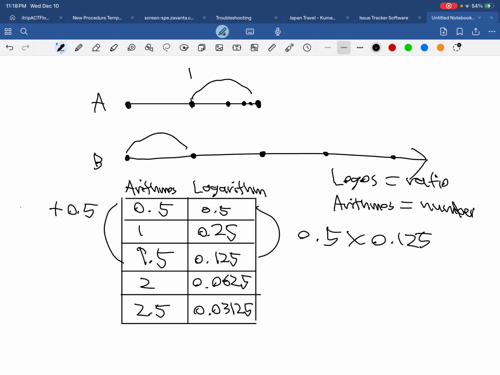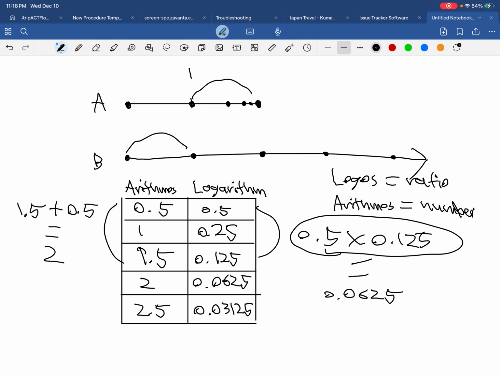So 0.5 plus 1.5 equals 2. 2 is 0.0625. So the product of 0.5 times 0.125 should be 0.0625. And if we multiply 0.5 by 0.125, you'll notice that the result is correct. The product is correct.